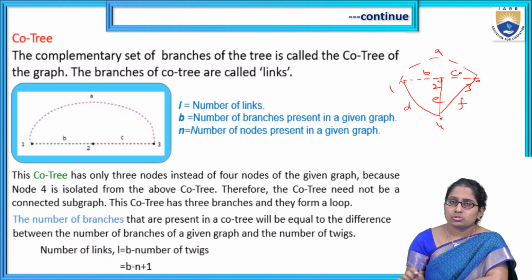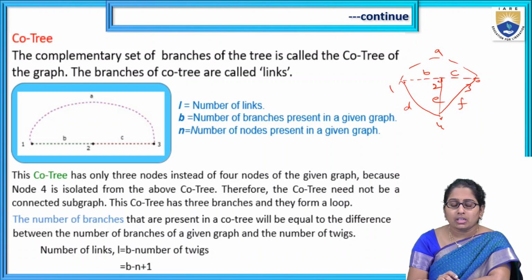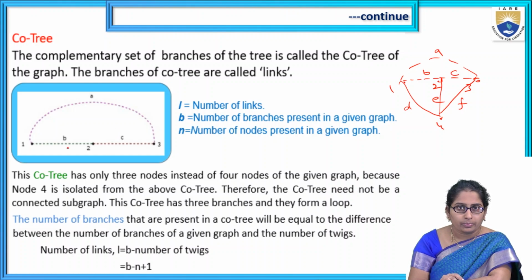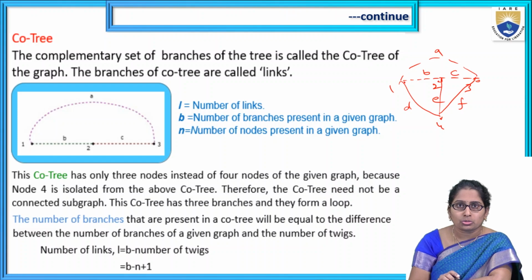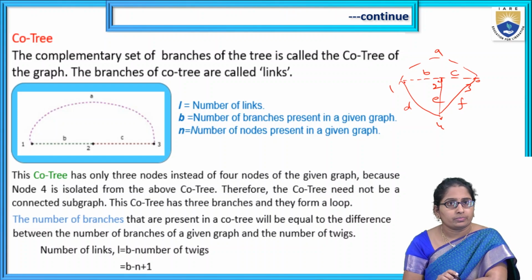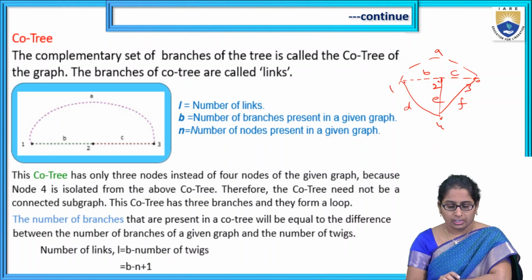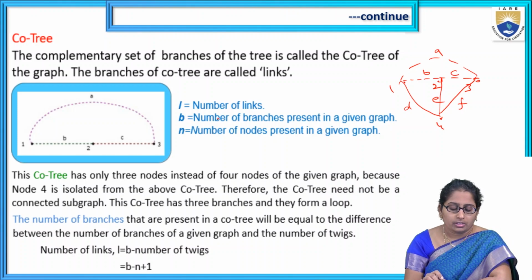To show the variation between tree and co-tree, the co-tree branches are shown with dotted lines. So you can see here, branch A, branch B, branch C form the co-tree. And the tree branches are shown with solid lines, just to show the variation between branches of the tree and co-tree. Now, there is a general notation.